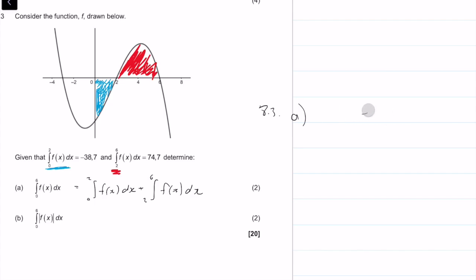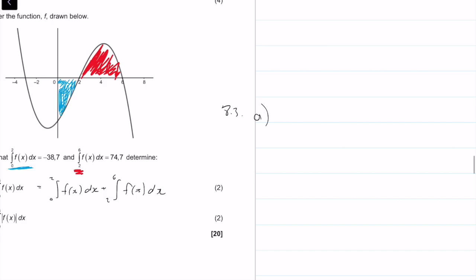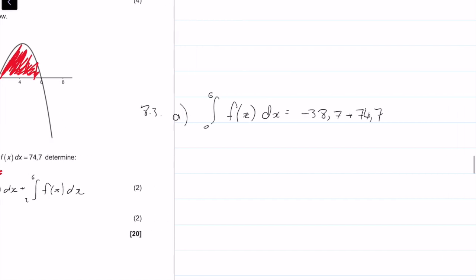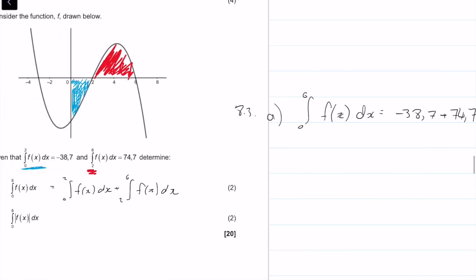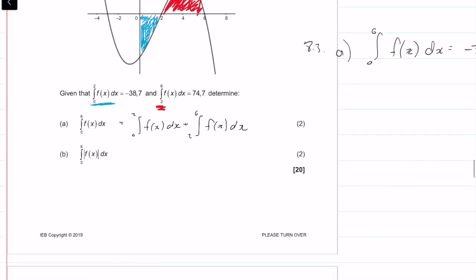Let's just write that out nicer: the integral from 0 to 6 of f of x dx is equal to minus 38.7 plus 74.7, which equals 36. So that is that, and then the next one is the absolute value.